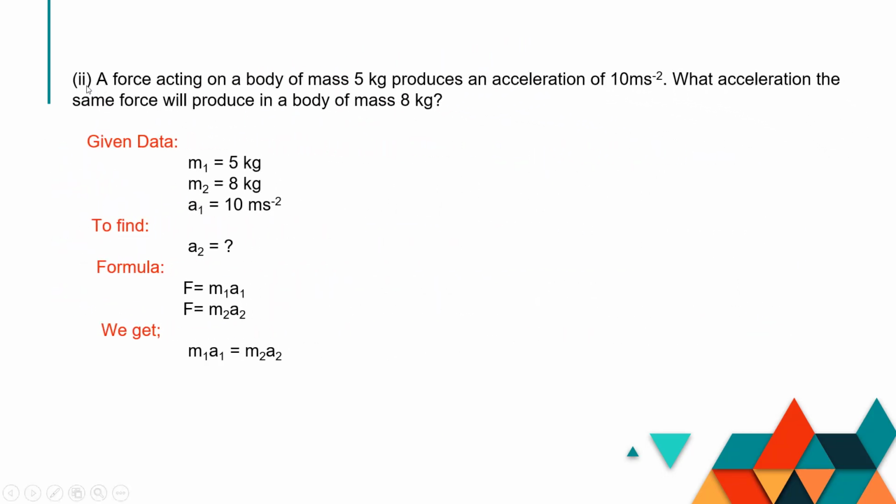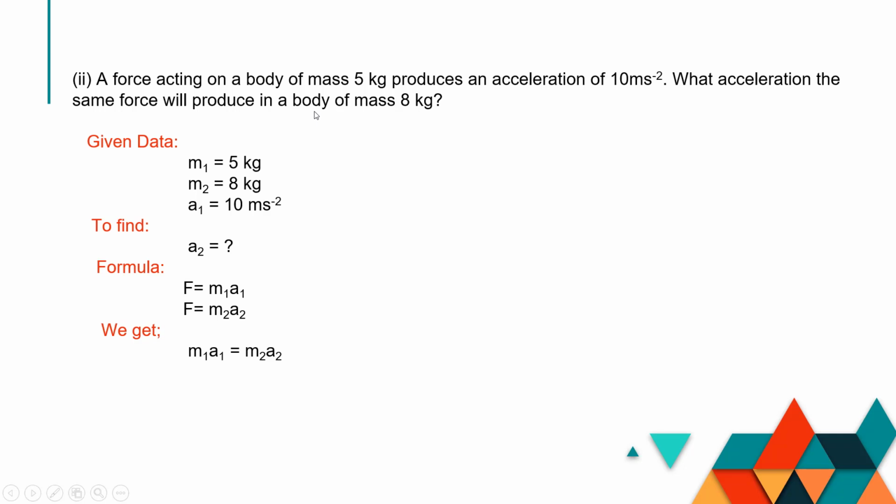Numerical number 2: a force acting on a body of mass 5 kg produces an acceleration of 10 meter per second square. What acceleration will the same force produce in a body of mass 8 kg? Firstly you have to write the given data.